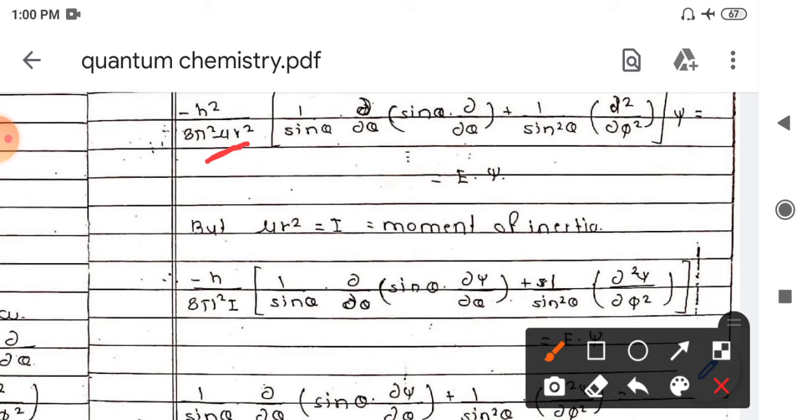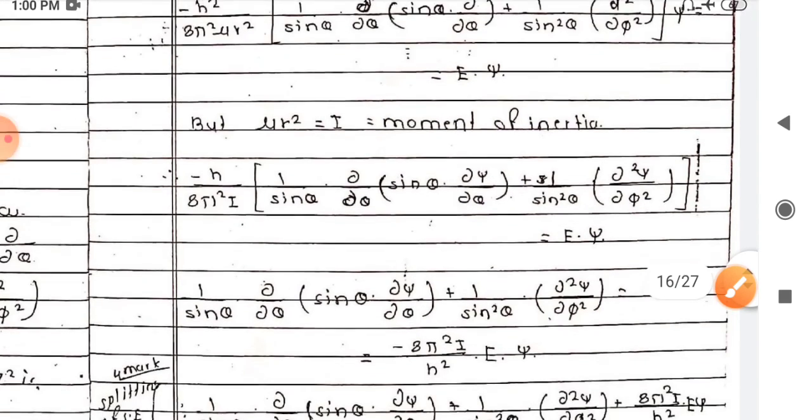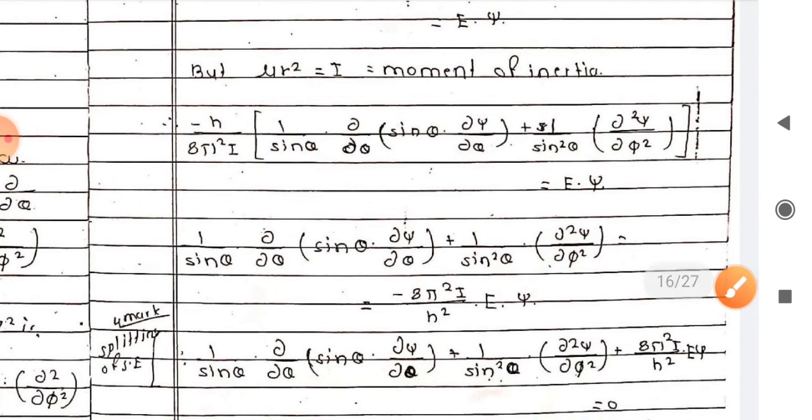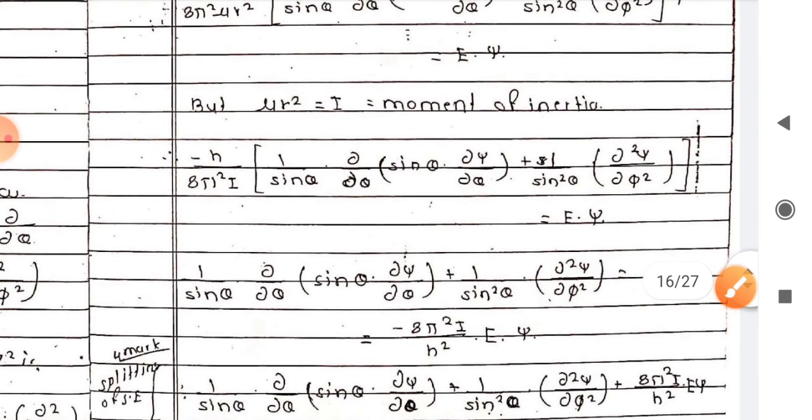And what is this mu into r square? In rotational spectroscopy, in the moment of inertia topic, we have come across this term. This mu r square is nothing but the moment of inertia, represented by the symbol I. So we have substituted the moment of inertia term I in the above equation.